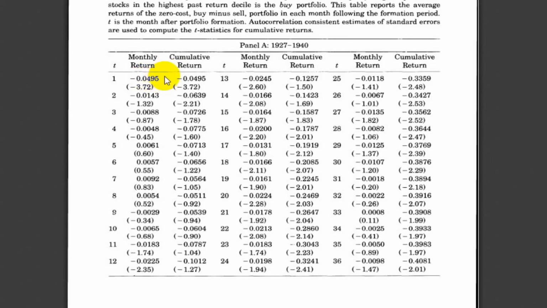The first month has a large negative return of 5%. But the first 12 months of the buy minus sell returns aren't as high as they were in the 65 to 89 period. And then, similar to the prior table, in the next 2 years, the returns dissipate more to where by the end of the 36 months, there's a loss of 41%.